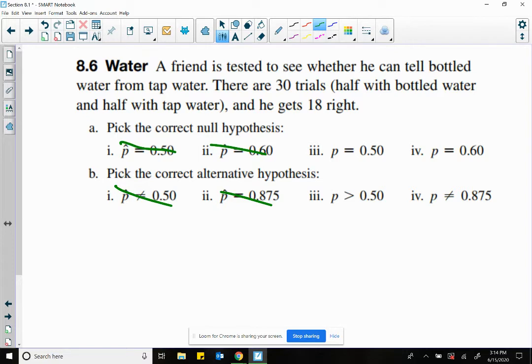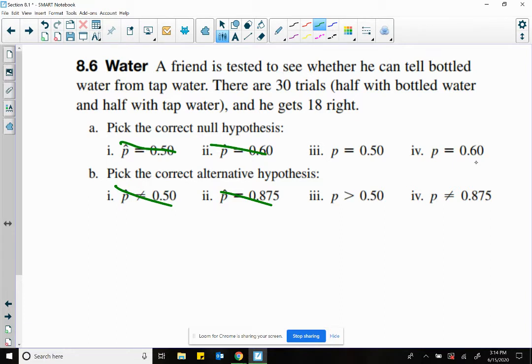So really you've got a 50-50 shot on this. All right, now how do I know which one is which? The key in this one, again, you're looking at these 18 and 30. If you take 18 divided by 30, you get 0.6.